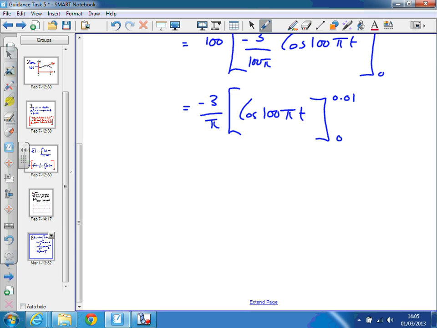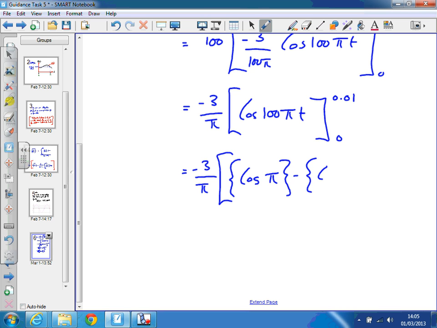So putting in the limits, we get minus 3 over pi, and then using curly brackets, it'll be the cosine of 100 pi times 0.01, which turns out to be pi, minus the cosine of 0.